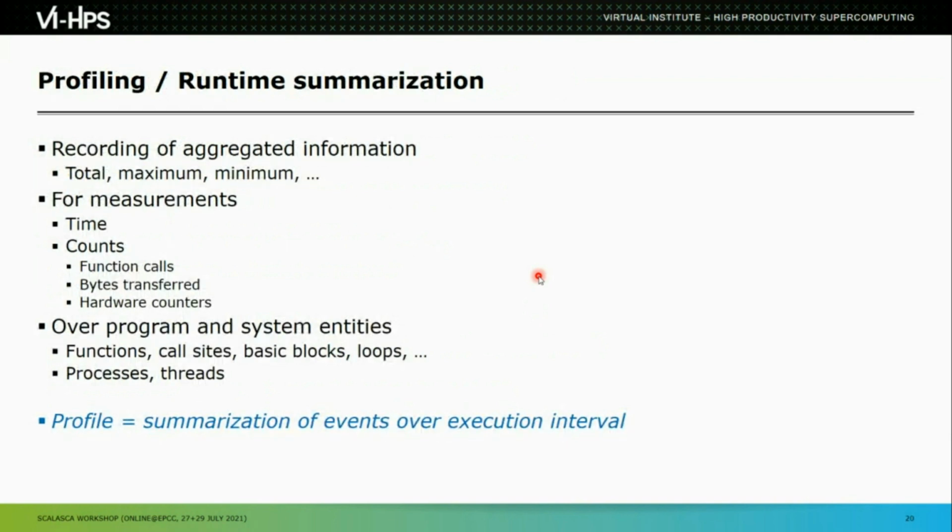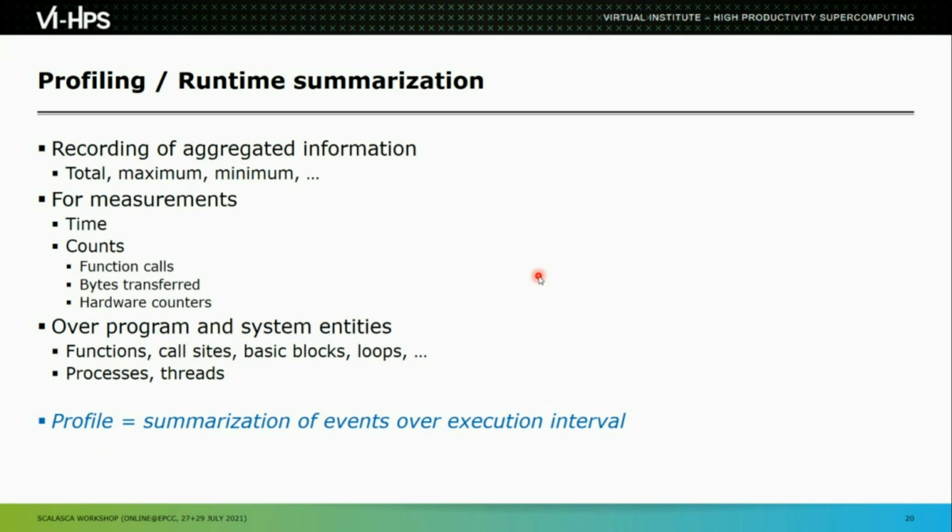Okay, don't know what that was about, but yeah, so runtime summarization or profiling allows us to take the events as we see them, as the measurement system sees them, and aggregate them together. Either this is adding things together to get the total execution time or the total count, the total bytes transferred for a particular part of the code, or we could be doing something a little bit different in terms of figuring out the maximum or the minimum of those events as well.